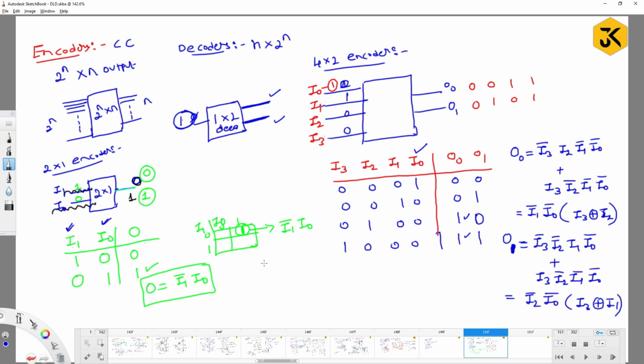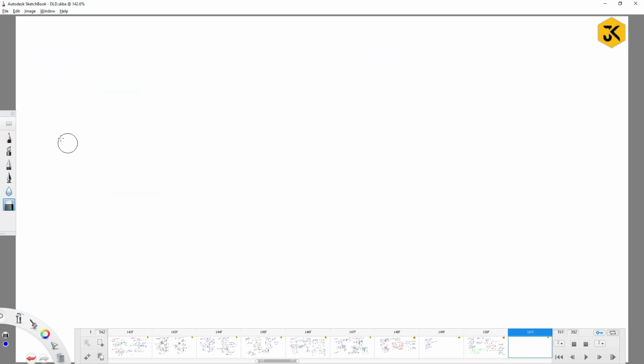So if I am going to have the inputs I3, I2, I1 and I0, or else let me take it in a new slide. So you are going to have I3, I2, I1 and I0. What might be the equations?